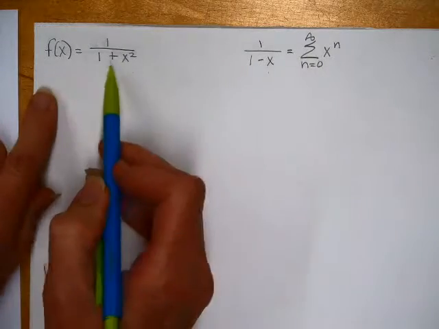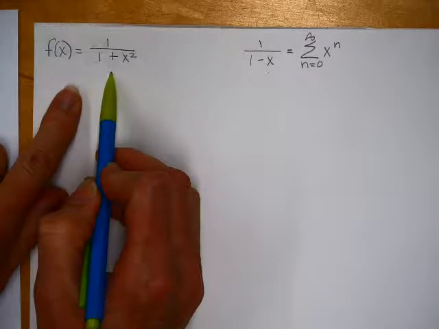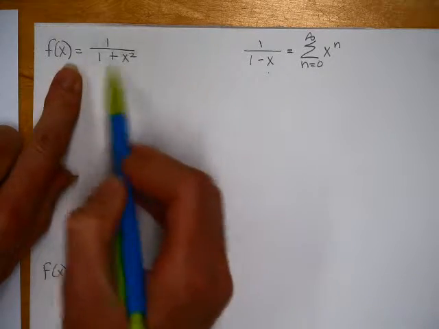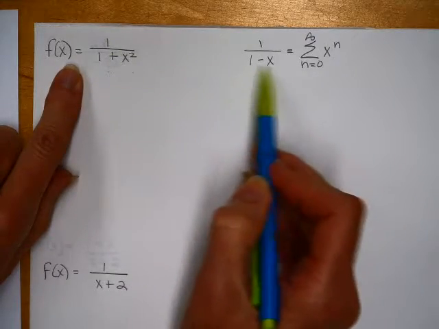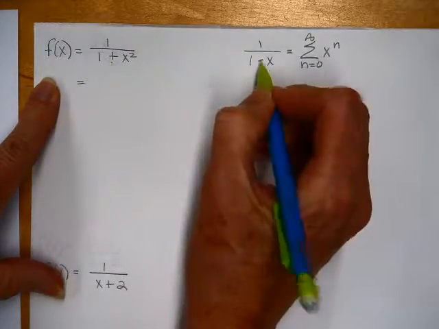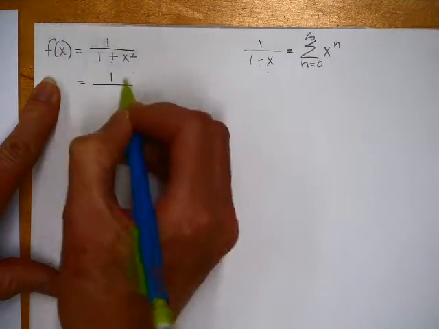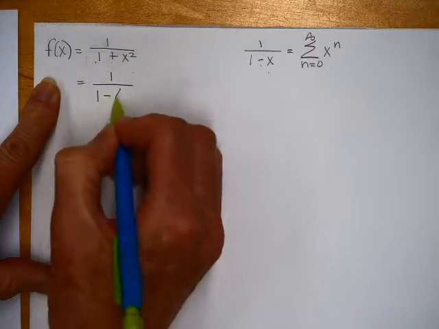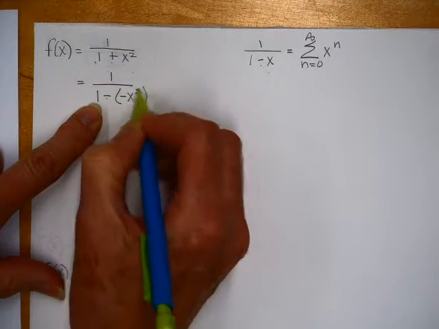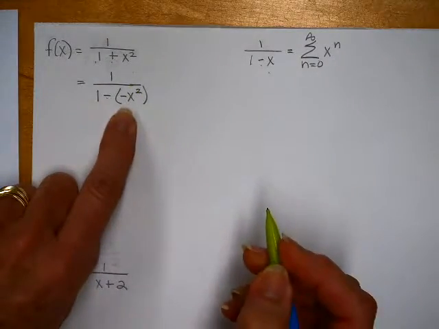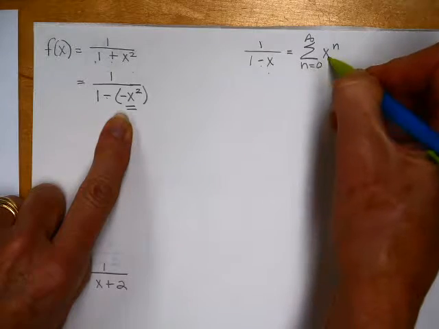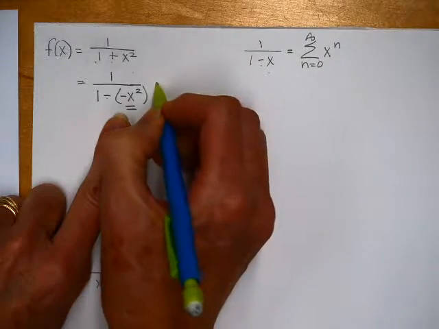Using this fact, we are going to write this as a power series. We're going to manipulate this to look like this. So I need a subtraction sign on the bottom. I need 1 on the top. I need 1 here. So I can rewrite this as 1 minus negative x squared.